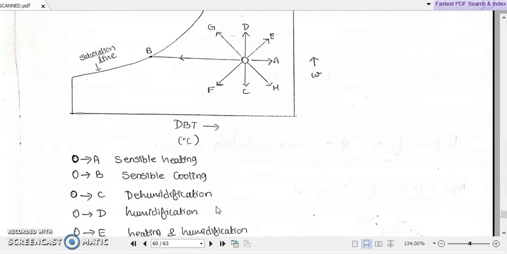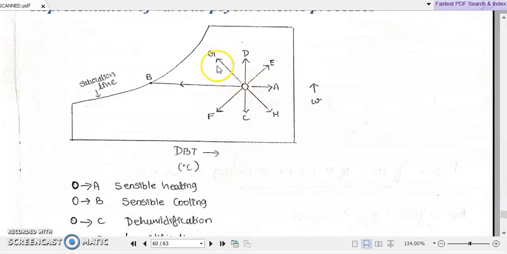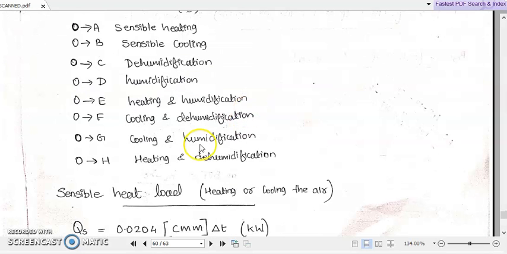Then another line, O to G. It is very clear that the dry bulb temperature is decreasing while the humidity is increasing, so O to G represents cooling and humidification.